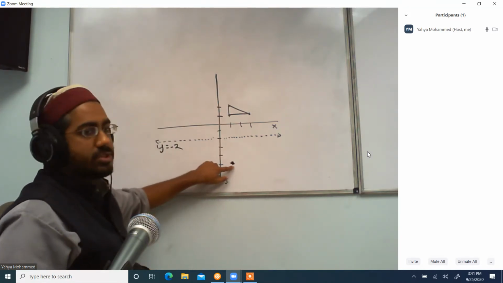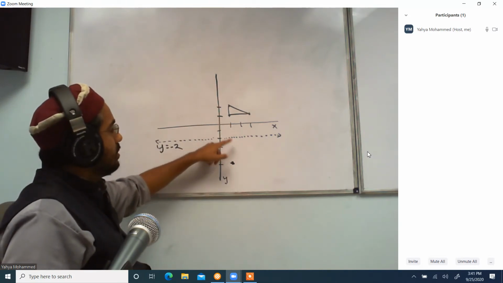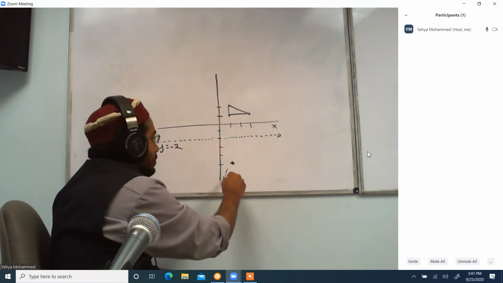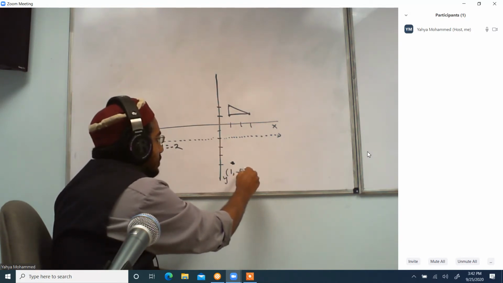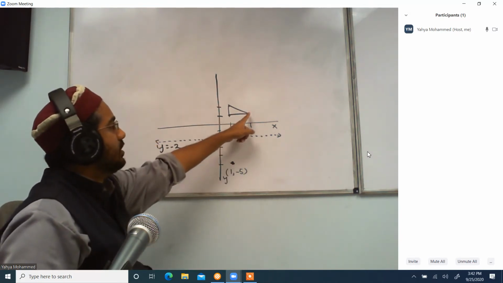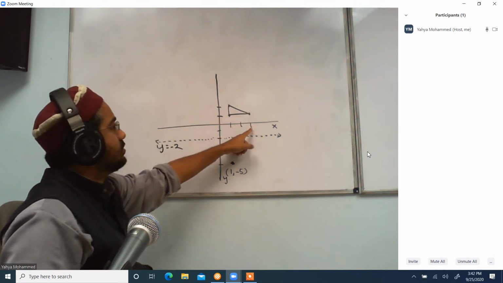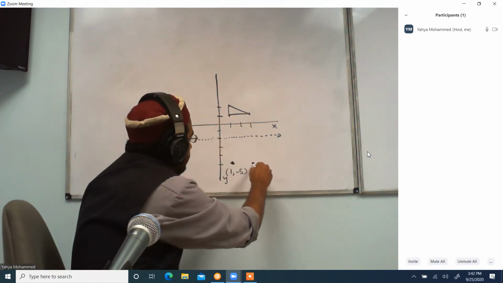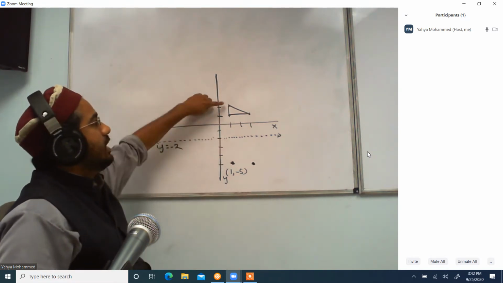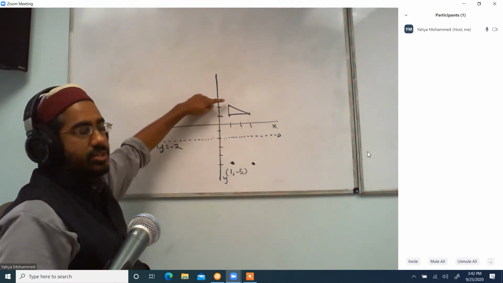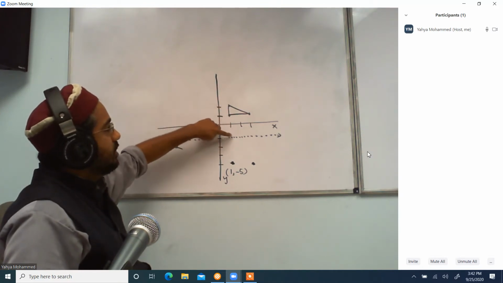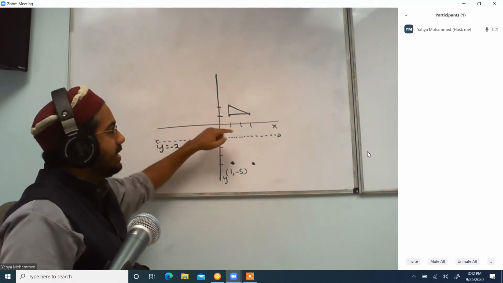So what is the coordinate of this point? It's (1, -5). It's the same thing for this one, which is the same distance, 3 away from the line. Now this one up here is one extra distance from the line.